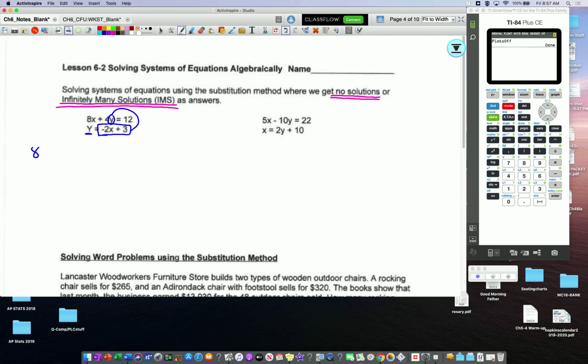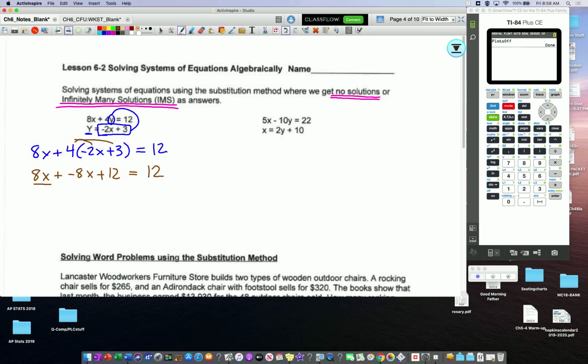So I can write 8x, plus 4, replace the y with negative 2x plus 3, and it equals 12. So now step 3 was to distribute and solve. So I have 8x plus 4 times negative 2x is negative 8x. 4 times 3 is 12 equals 12.